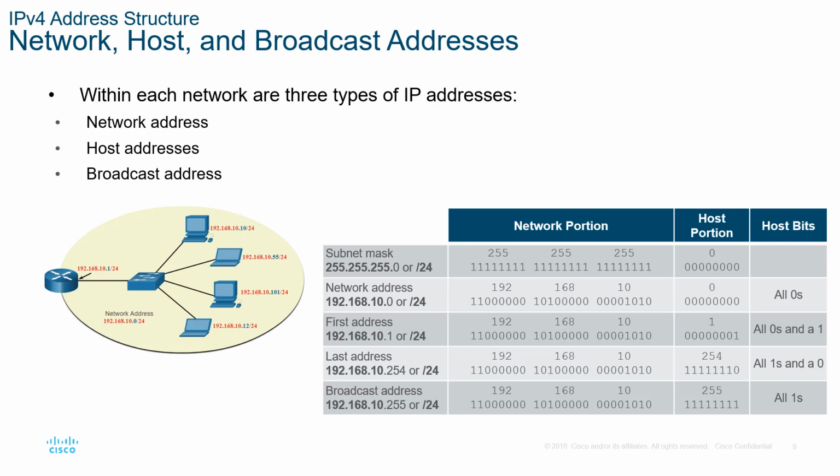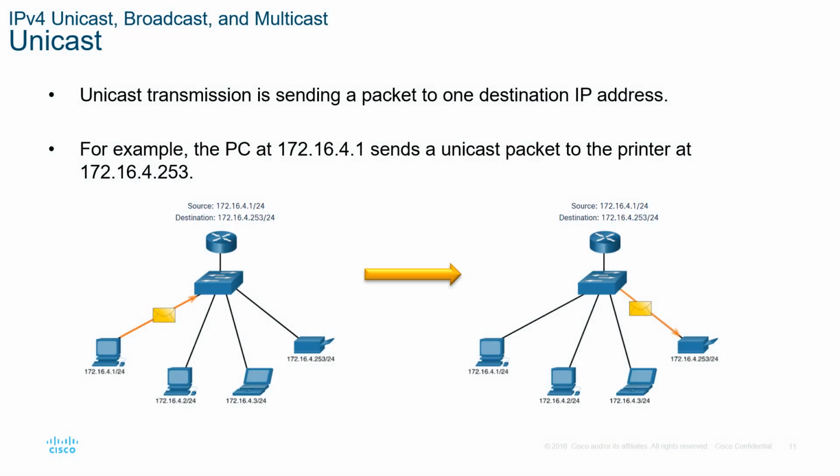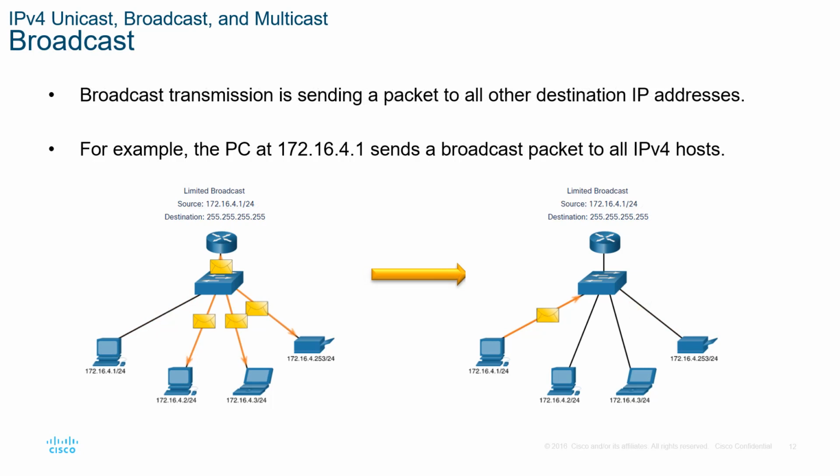So let's go ahead and jump in. Let's talk about address types. There are 3 main characteristics of addresses that we have to discuss: unicast, broadcast, and multicast. Unicast goes from a single source to a single destination. A broadcast goes from a single source to every destination.